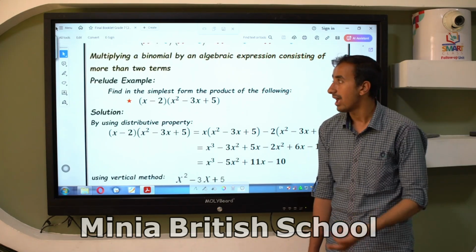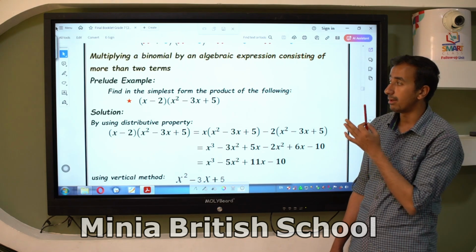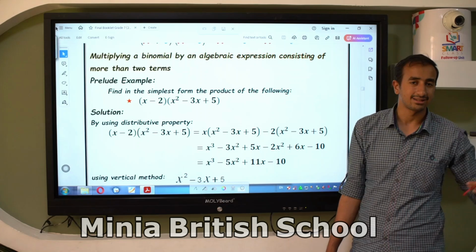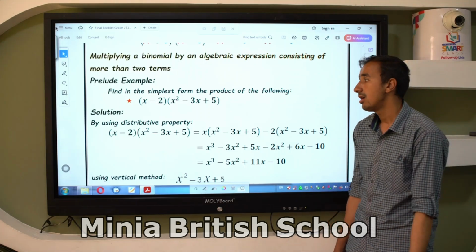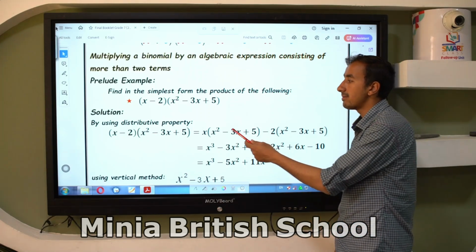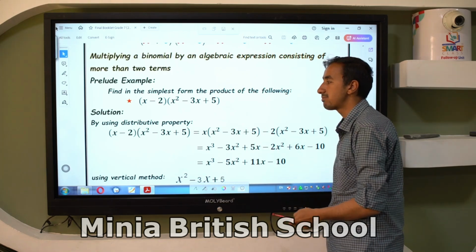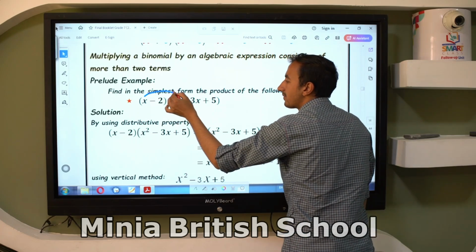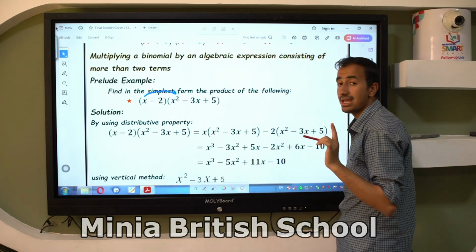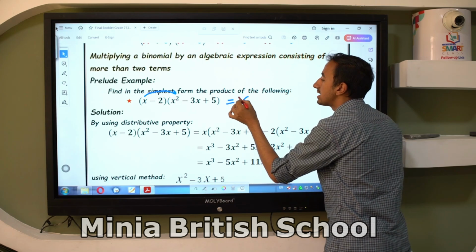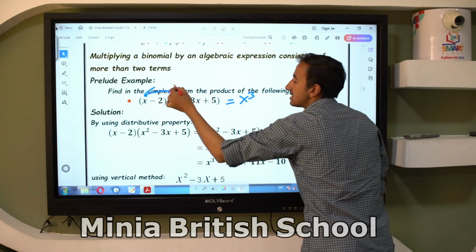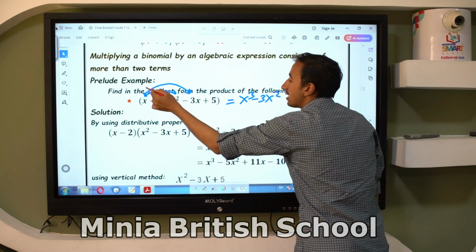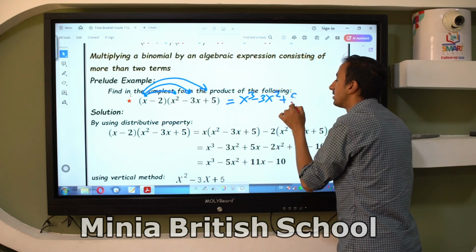Then another title: multiplying a binomial by an algebraic expression consisting of more than two terms, such as a trinomial or polynomial. Okay, we have here x minus 2 times x power 2 minus 3x plus 5. Yes, it's the same using the distributive property. x times x power 2 equals x power 3. x times negative 3x, negative 3x power 2. x times 5, 5x.